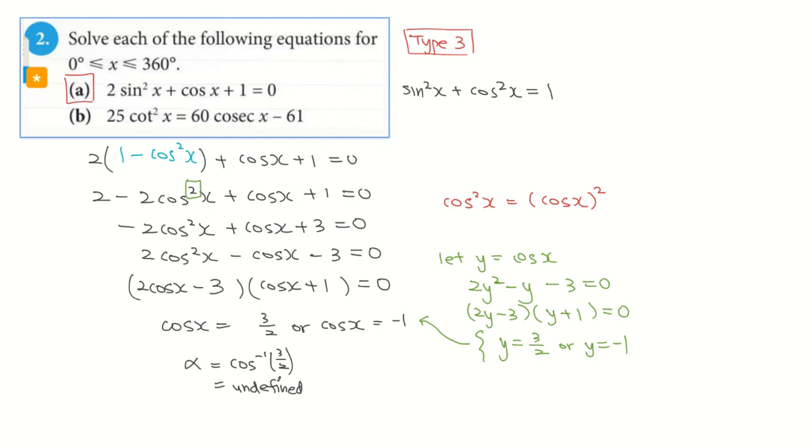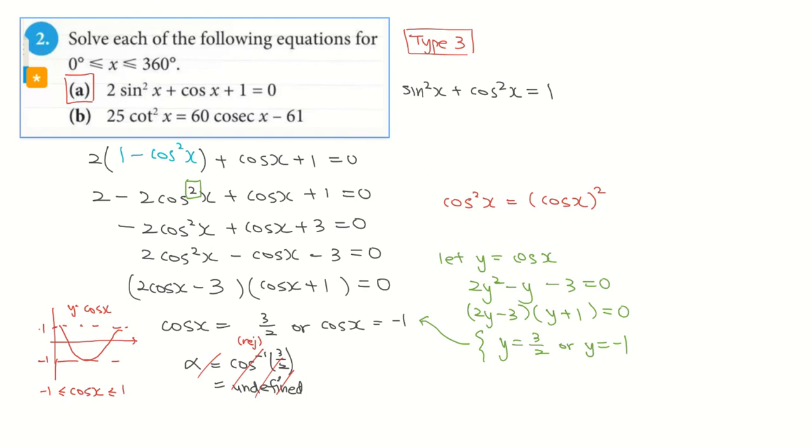Remember when we draw the cosine graph, there's a minimum and a maximum, 1 and -1. This is the cosine x graph, so cosine x is between -1 and 1. I can reject the 3/2 answer.